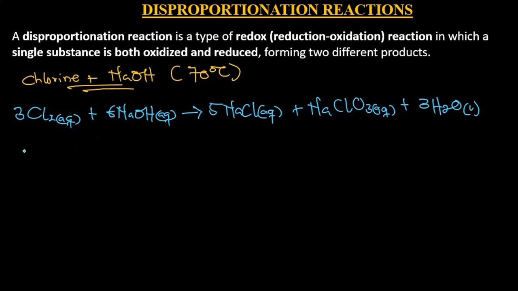Now, for the reduction, we look out for the change in oxidation states. Chlorine over here, it's 0, and over here, it is minus 1. Now, in the sodium chlorate, chlorine here is going to be plus 5.